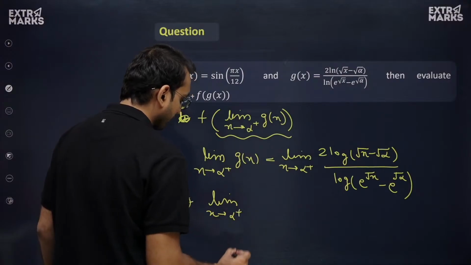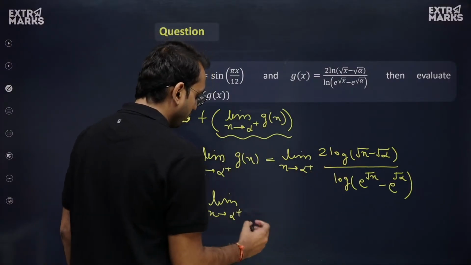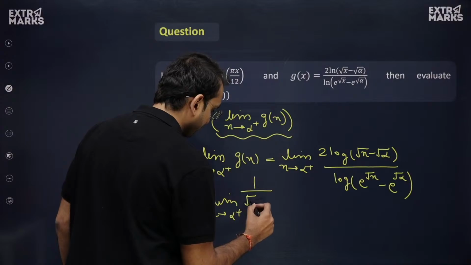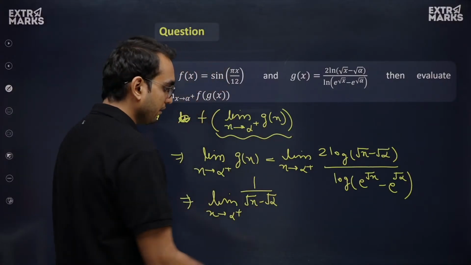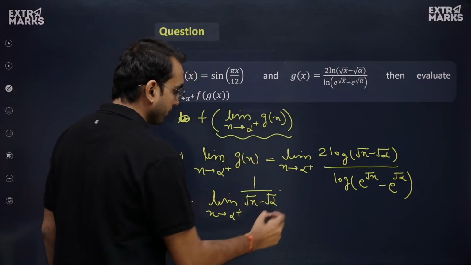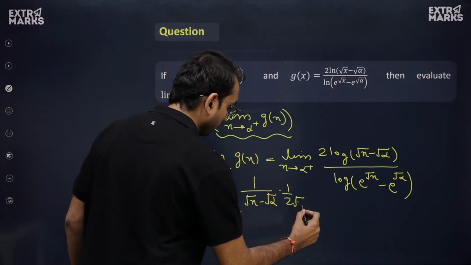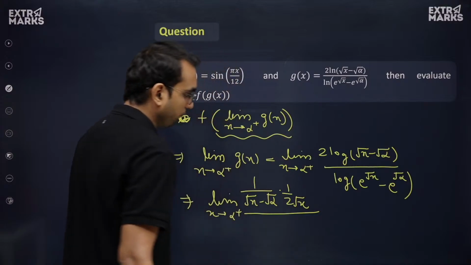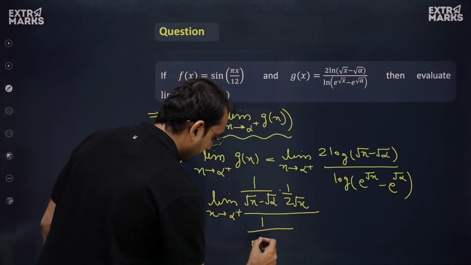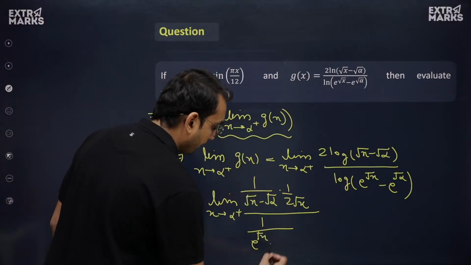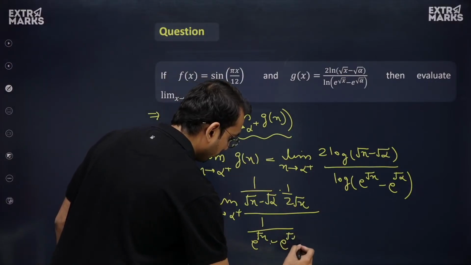So differentiation of log is 1 upon root x minus root alpha, right? Now differentiation of root x is 1 upon 2 root x, upon differentiation of log, 1 upon e to the power root x minus e to the power root alpha.